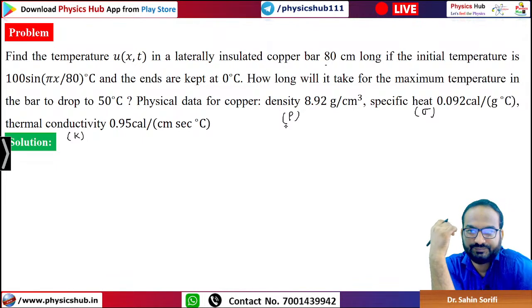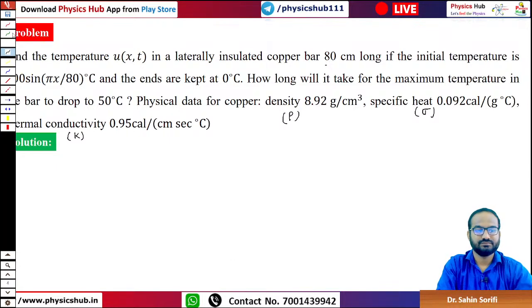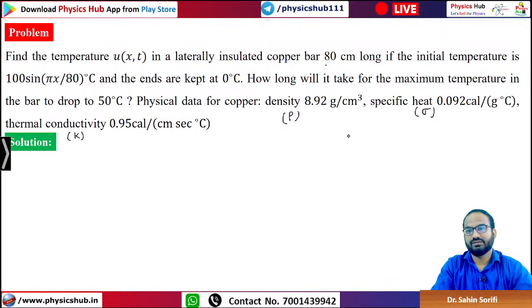This problem is from the one-dimensional heat equation. There we used the term c square, or a square, whatever you have used.